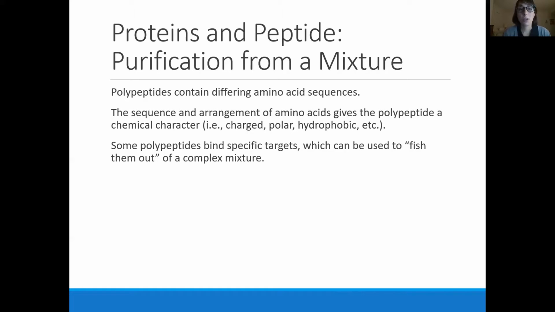Some polypeptides also will bind to specific targets, and we can use this to our advantage. If we know that they bind to targets, we can fish them out, essentially. We can give them a bait of something we know that they bind to and remove them from the mixture.